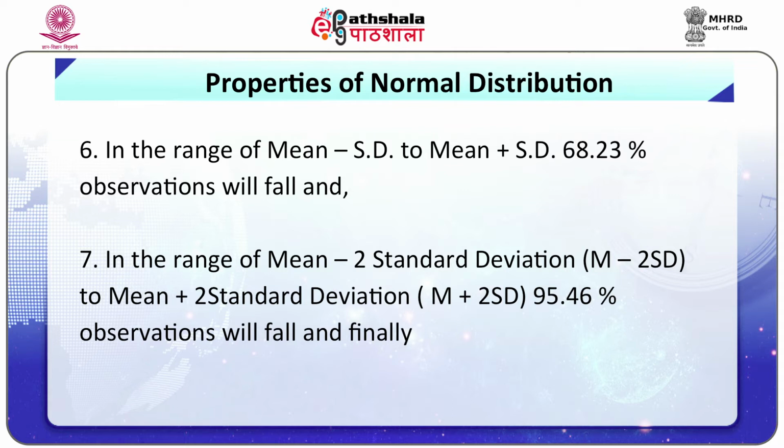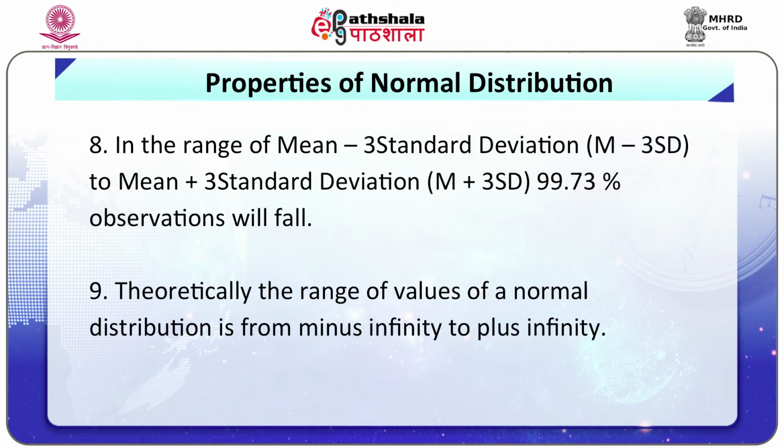And next, in the range of mean minus 2 standard deviation to mean plus 2 standard deviation, 95.46 percent of observations will fall, and finally in the range of mean minus 3 standard deviation to mean plus 3 standard deviation, 99.73% of observations will fall.